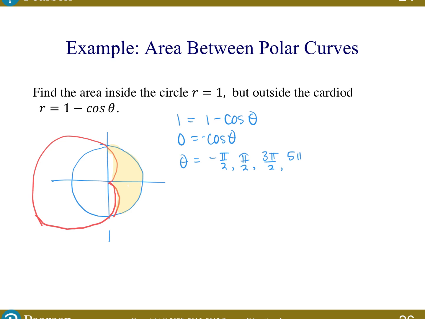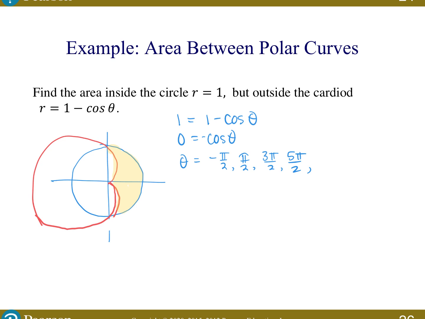Even just looking at the quadrants, we want negative pi halves, which is the fourth quadrant, up through positive pi halves, which is the first quadrant. So we want to cover all that area.